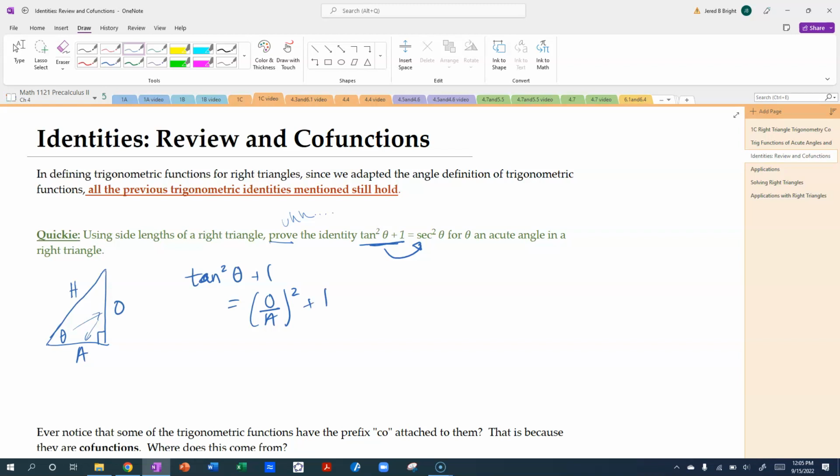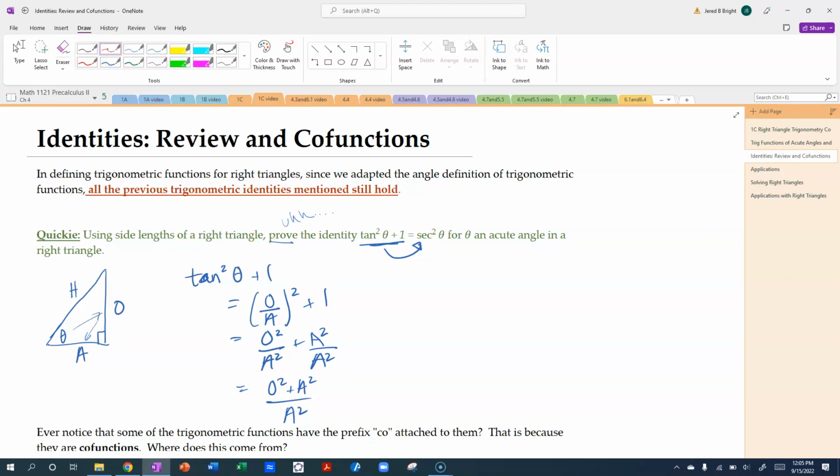I'm just going to carry the arithmetic through: opposite squared over adjacent squared plus 1. If I want to add these, I need a common denominator, so I'm going to make that adjacent squared over adjacent squared. This is going to be opposite squared plus adjacent squared over adjacent squared.